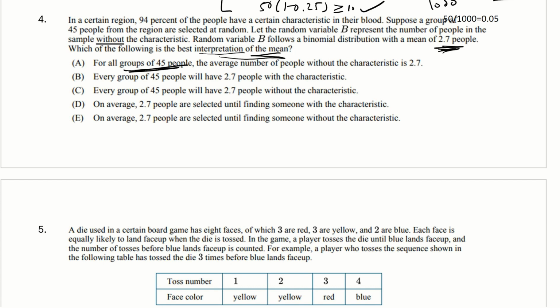So it has to be for all groups, the sort of population. So for all groups of 45 people, the average number of people without the characteristic is 2.7. Yes, because it says the number of people without it. So that's got to be the answer, A. Not will have the characteristic is the average number, so it can't be B or C.